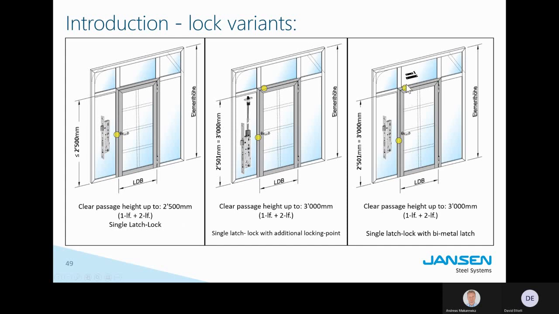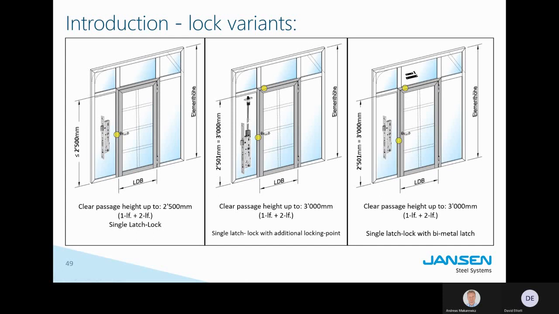When the fire hits the door, the temperature rises, and this element expands and locks the door. I will show you the function of this element later on. It has the same function as the additional locking point, except it gets activated after a while, after the temperature reaches some 250 degrees. That's where it gets activated.